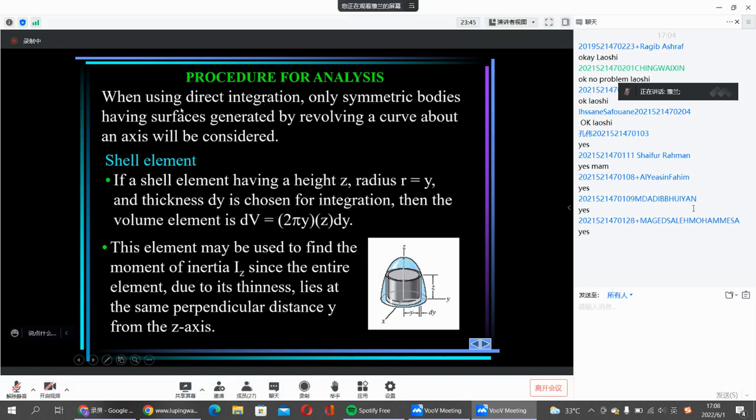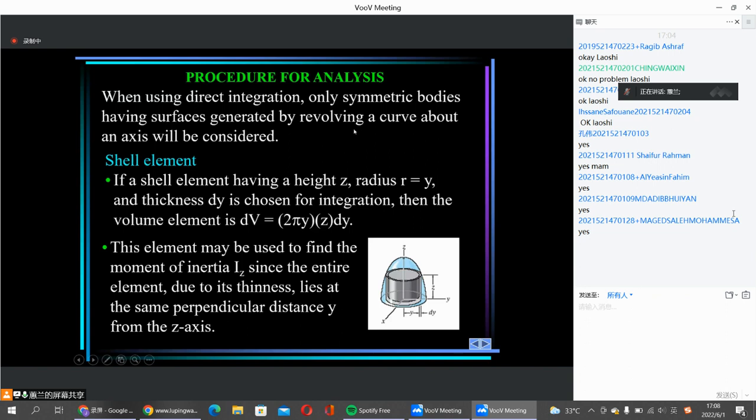Here, only symmetric bodies having a surface generated by revolving a curve about the axis will be considered. So sometimes we need to choose a shell element, just like here. That's what we choose now, a shell element.